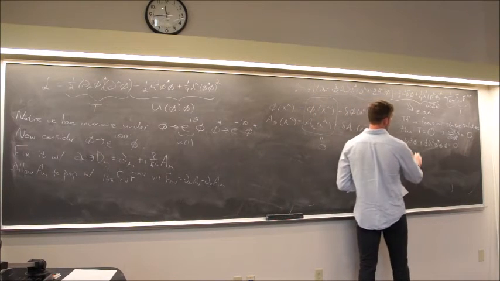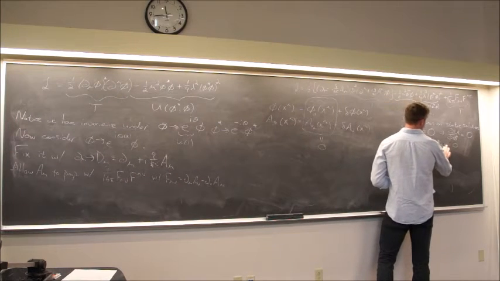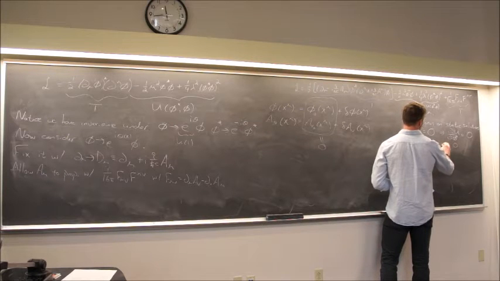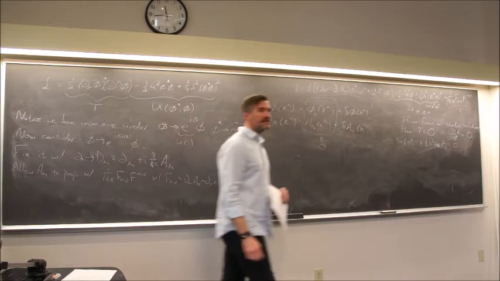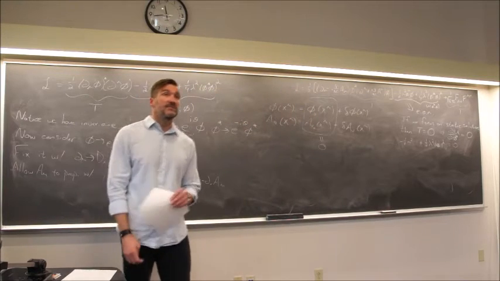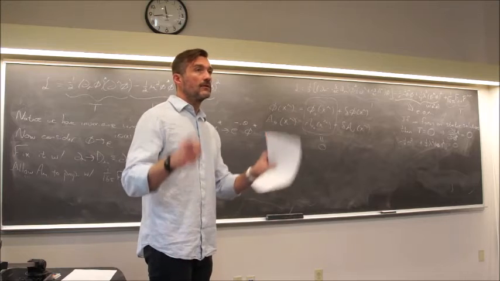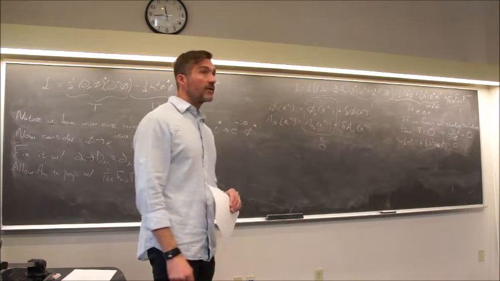If I'm setting this equal to 0, I can just erase all the common factors. This is phi star phi, so I might as well just call that phi complex magnitude squared. So that is the condition I get for extremizing this potential: minus 1/2 mu squared plus 1/2 lambda squared phi complex magnitude squared equals 0.